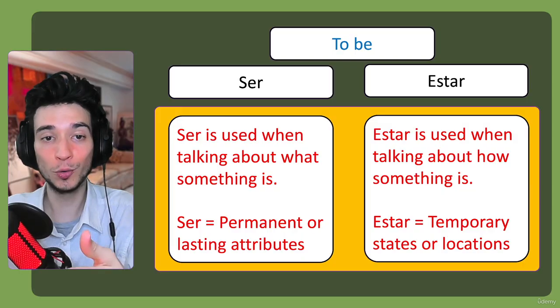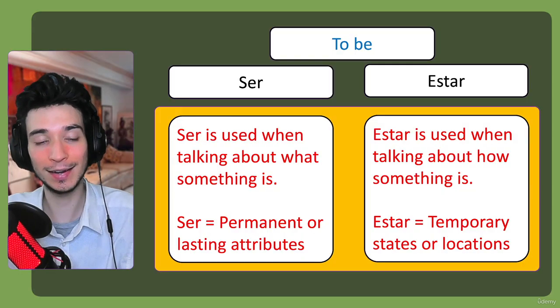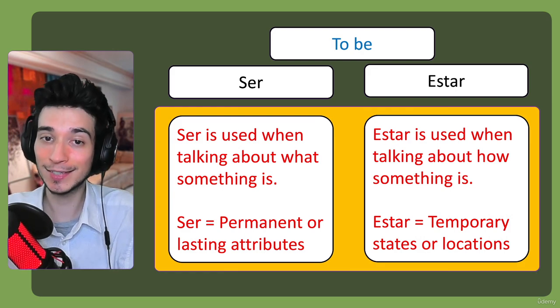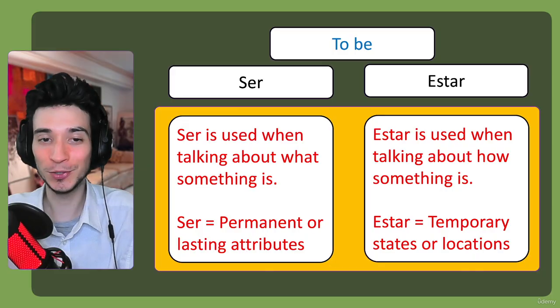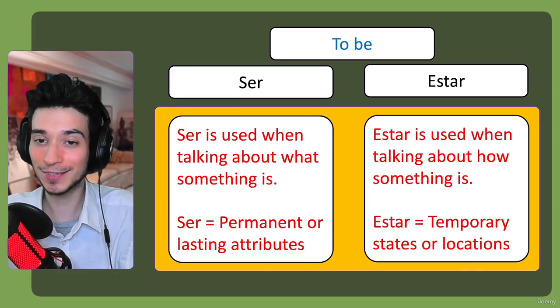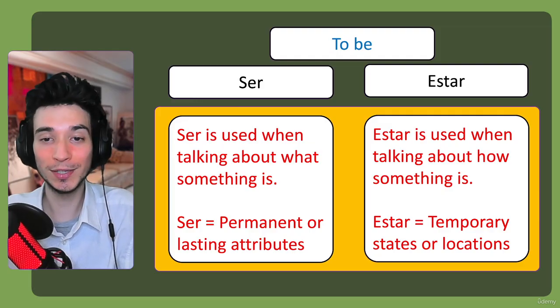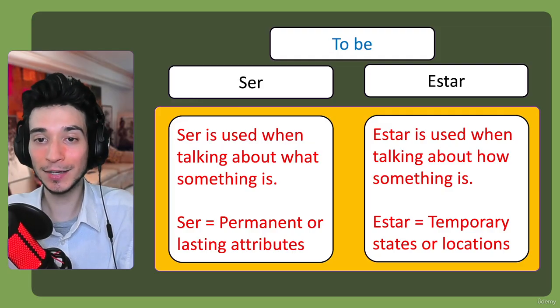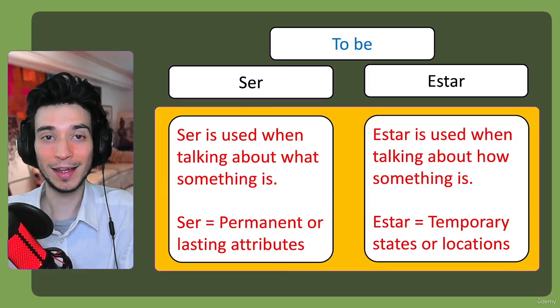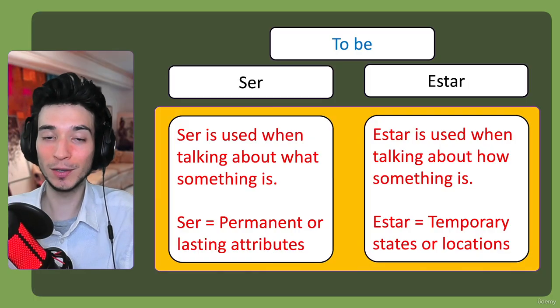If you are at home, we would say estar en casa. If you are in Spain, you would say estar en España, to be in Spain. But we do not say ser en España, or ser en casa. That doesn't work. We use estar, to be at home, to be in Spain. So estar is mostly used for temporary states or locations. It's a little hard, but I think we can get it once we look into the examples.